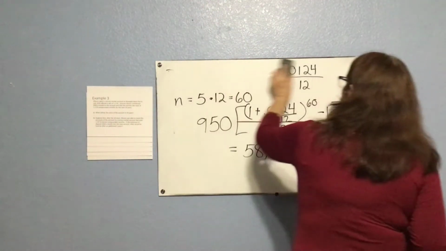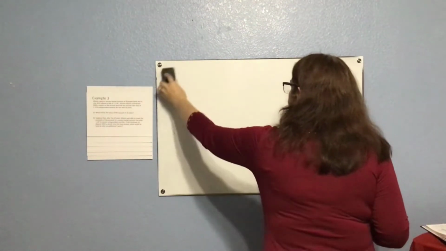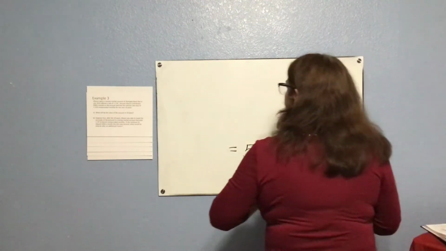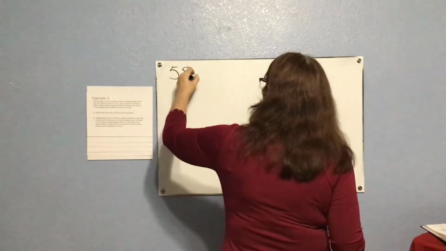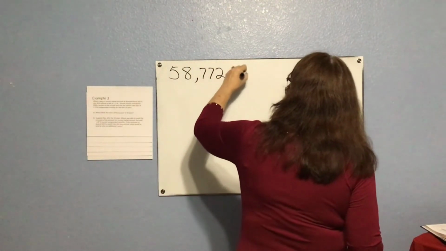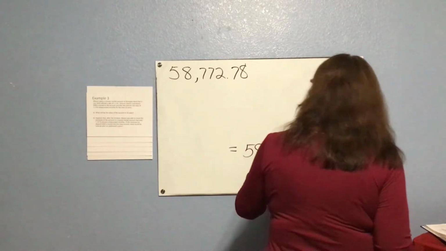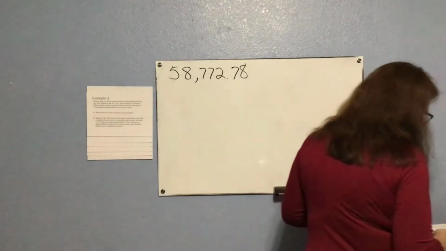So I'm going to hang on to that number. We've got 58,772.78. And now we're going to look at the part that she transferred from the old account.